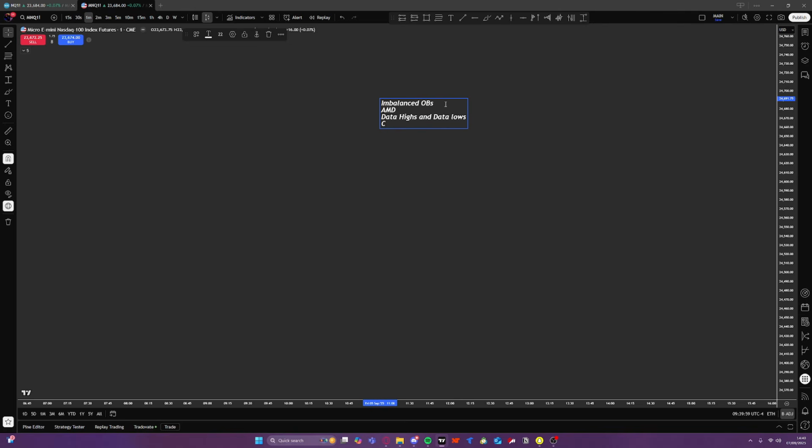after that, I'm gonna go CISD, change in state of delivery, which you probably would know if you trade ICT, and then go for the market maker model. Then key opens, and then this is a good one, enter the liquidity, and after that, I would recommend rejection blocks.